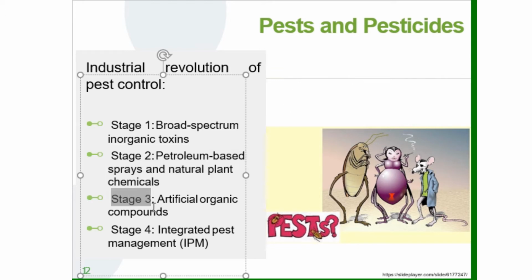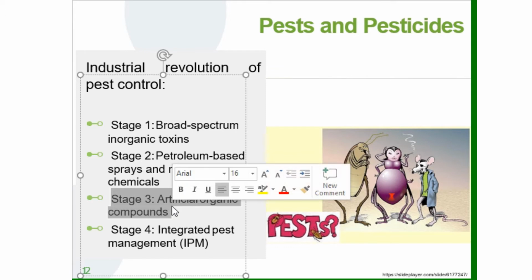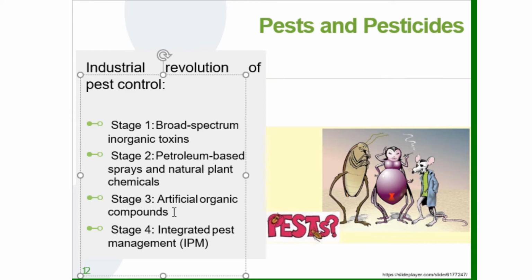The third one is the artificial organic compounds. Artificial organic compounds created a revolution in agriculture the moment they were introduced in the market, but they have significant drawbacks.